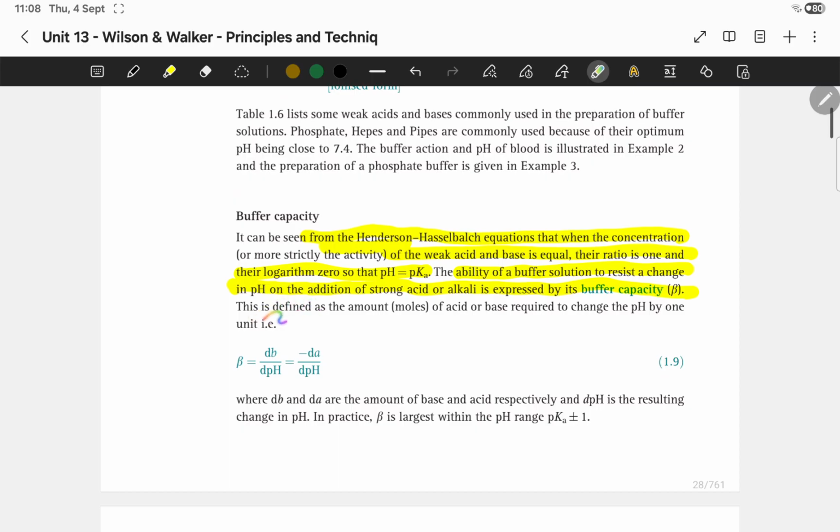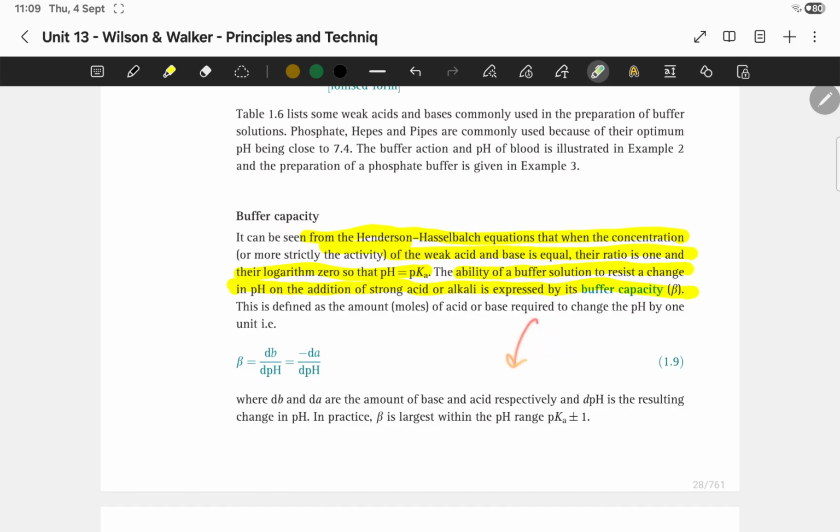So now this is defined as the ability of a buffer to resist a change in pH on addition of a strong acid or alkali. So what is the work of a buffer? It is to negate any changes that are occurring during a reaction.